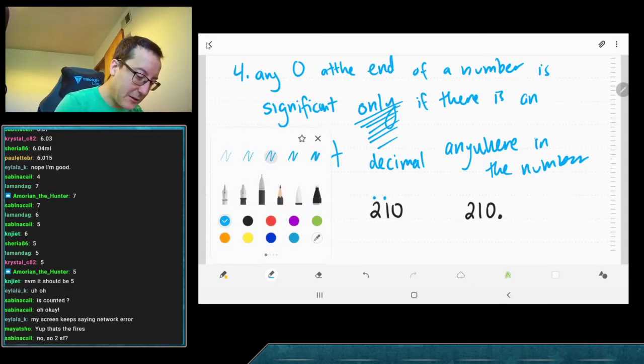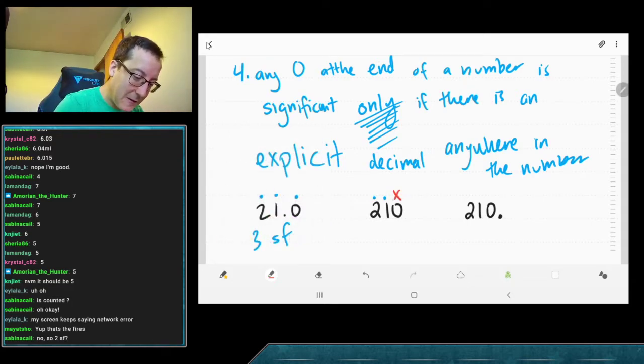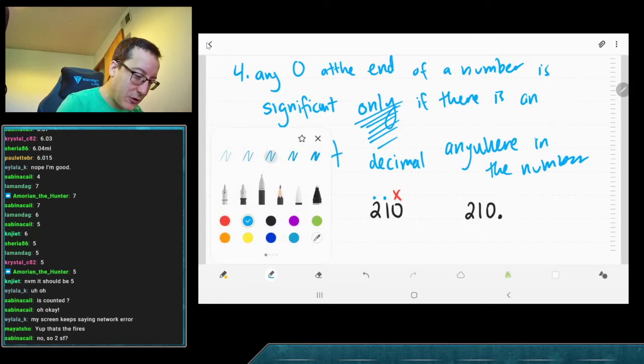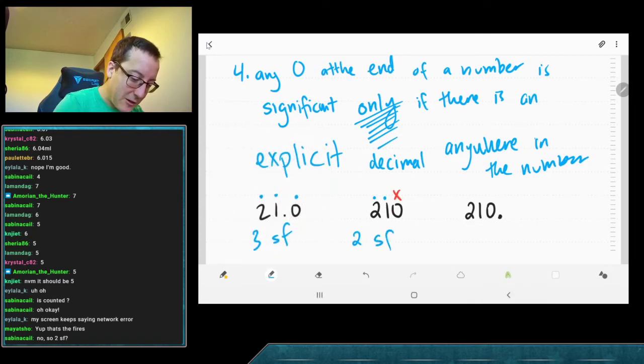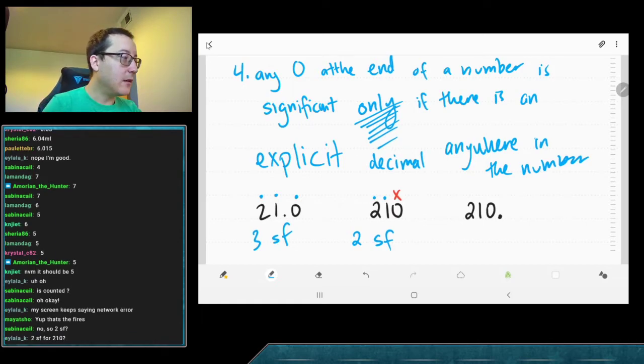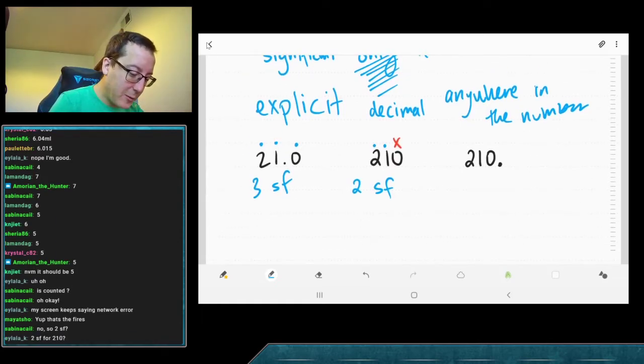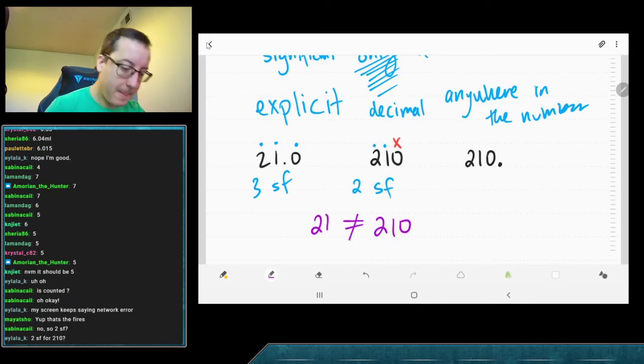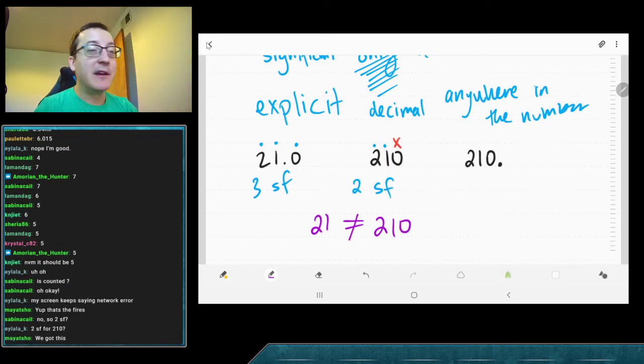So, because there is no decimal in this number, that 0 does not count, and so we have 2 sig figs. Perfect. Notice one more thing. This may surprise you, but 21 is not the same as 210, right?